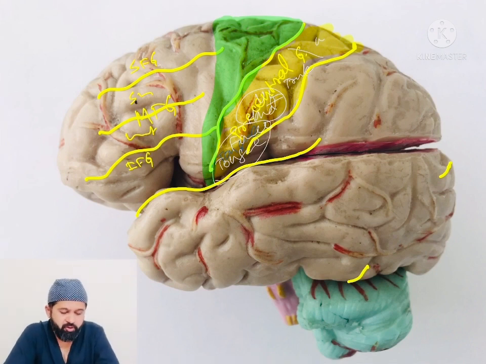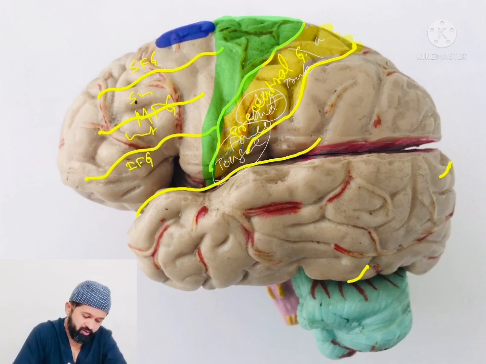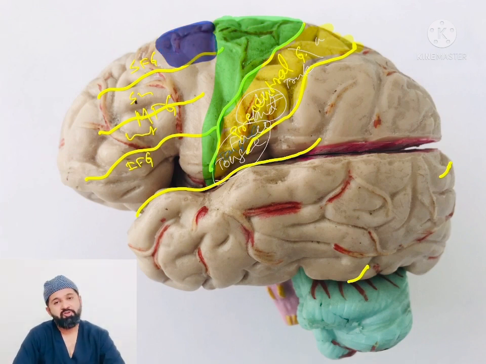Together, the premotor area and the motor area are also sometimes known as the primary motor cortex. In front of the upper part of the premotor area, we also have a supplementary motor area. This supplementary motor area lies on the superior frontal gyrus, but a larger part of it lies on the medial frontal gyrus, which we'll see on the medial surface of the cerebrum.